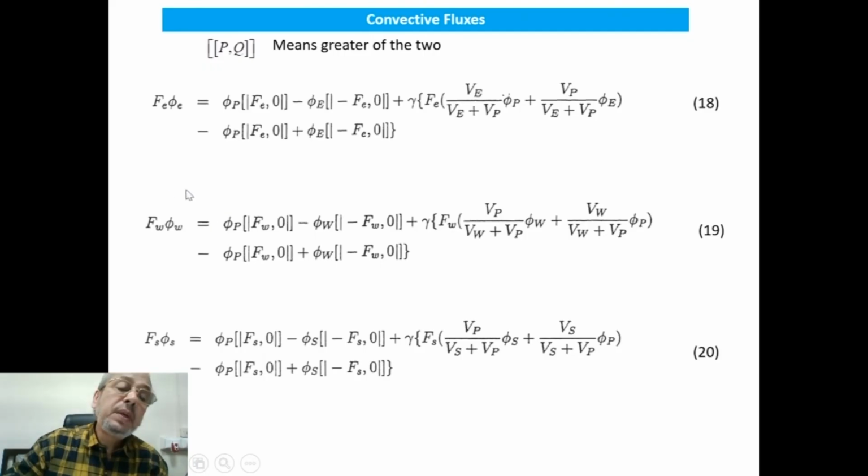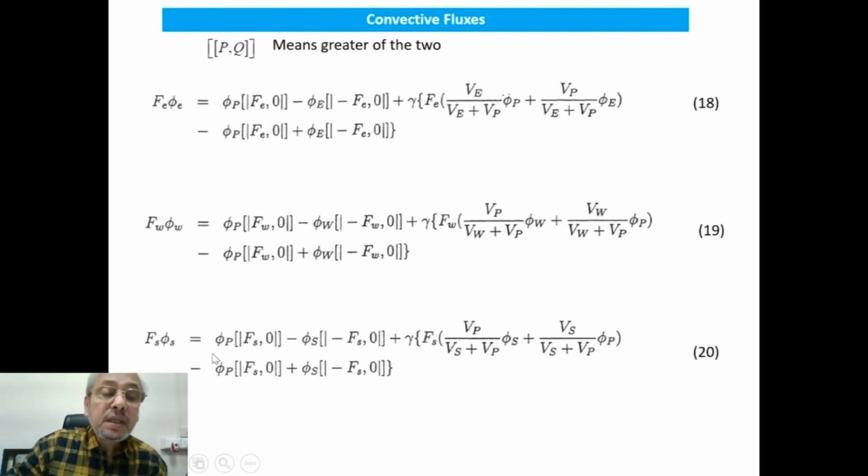Now Fw into phi W, following the same philosophy, this is basically central difference, and this is different. This is basically upwind difference, and this is basically a factor multiplied by central difference minus upwind difference.